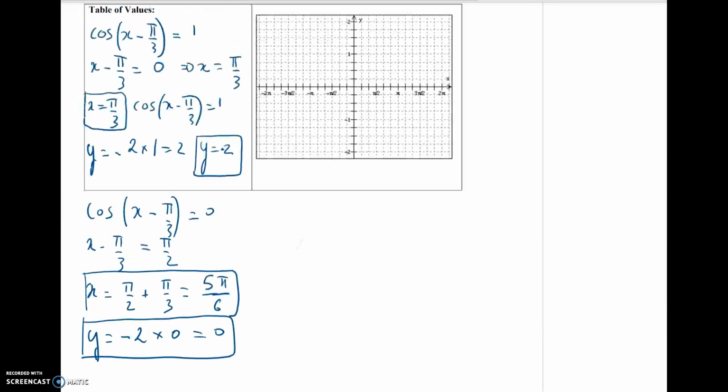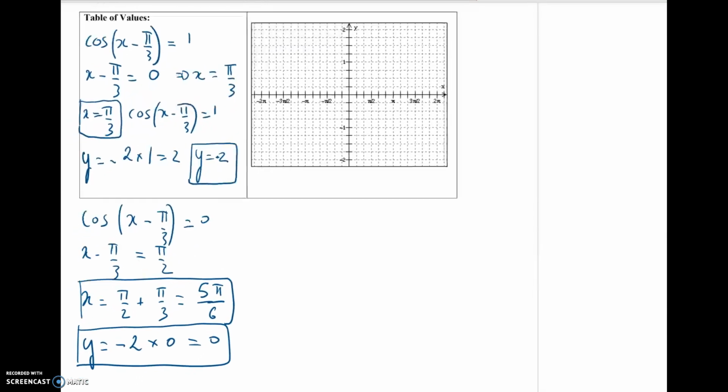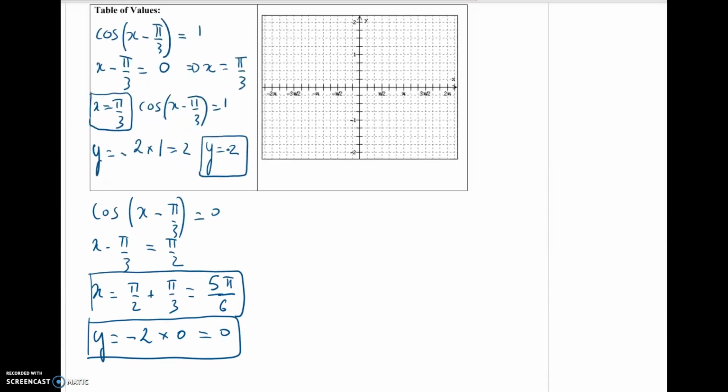I could do it again, because I know the cosine is between 1 and negative 1. So the cosine of my angle equals negative 1. That means the angle x minus pi over 3 equals pi, and so x equals pi plus pi over 3, which is 4 pi over 3.